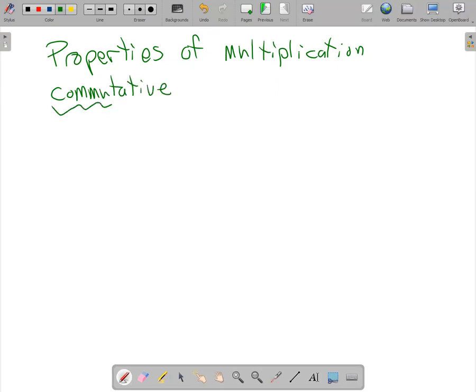Remember, the word commute is in here, and commute means to move. That's the idea that 4 times 2 has the same result as 2 times 4. They have the same product. The result of a multiplication is called the product.